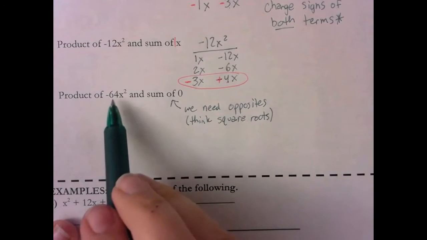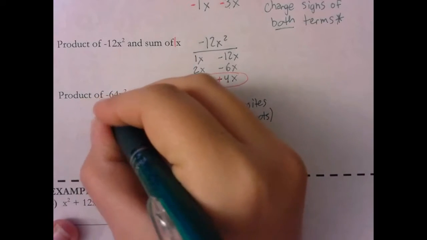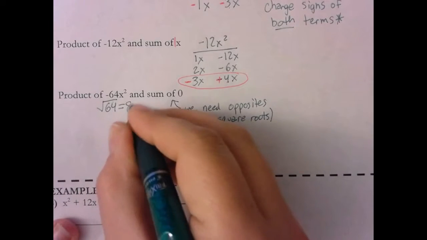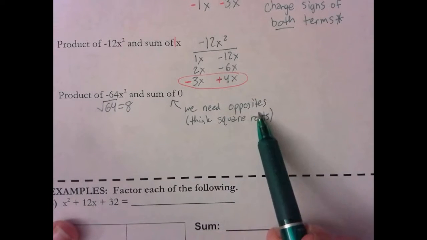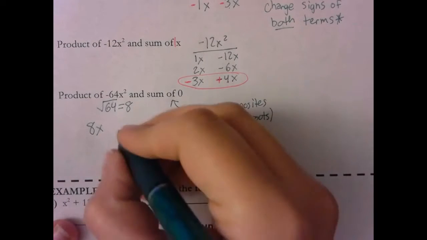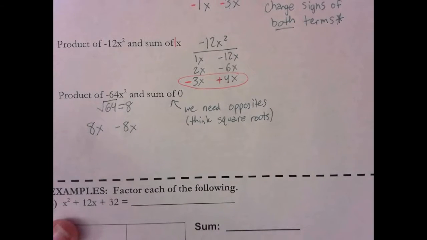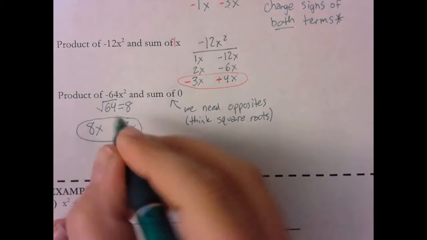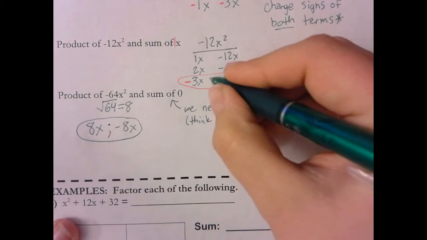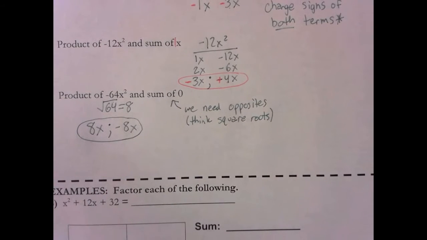Well, we can't do the square root of a negative number, but we can do the square root of positive 64, and you get 8. So when I say we need opposites, that means we need positive 8x and negative 8x. And please notice these are separate. So if it helps you to put a semicolon between them, you can do that so you know that we're not going to combine them yet.